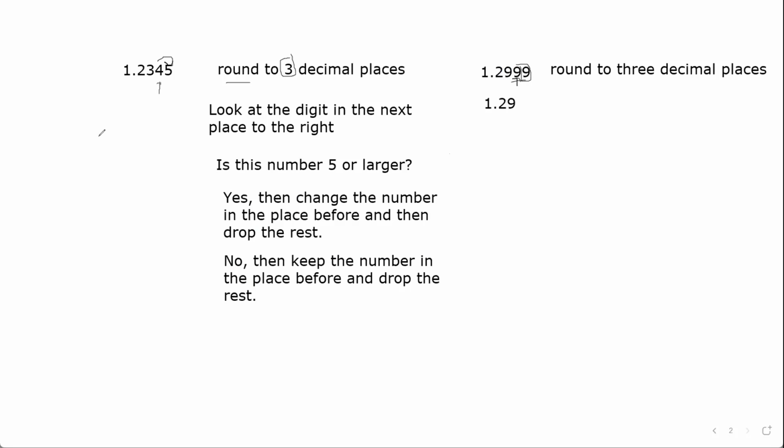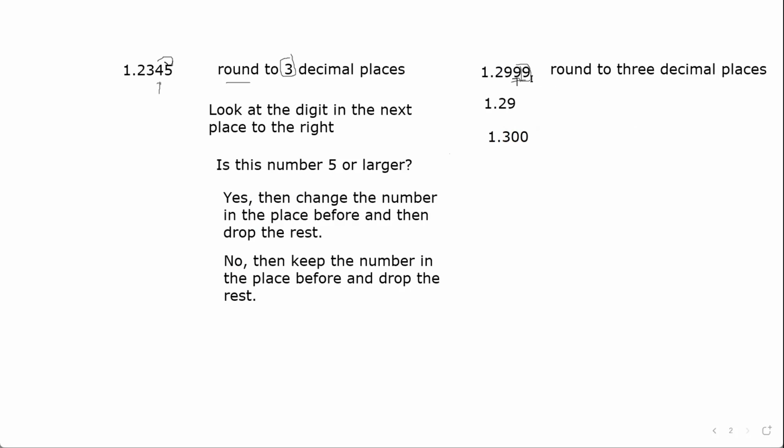So I'm going to end up changing 2 of these digits, and I'm going to have 1 point, and 299 is going to go to 300. Now, do I need the trailing zeros? Not for the equivalence of the answer, but I need the trailing zeros because it specifically says round to 3.